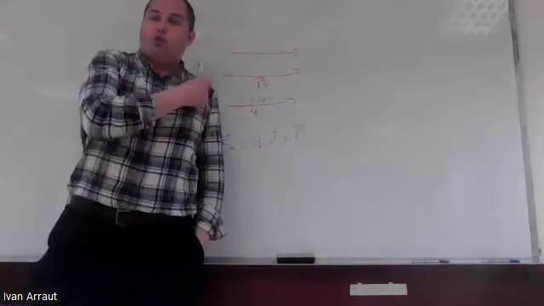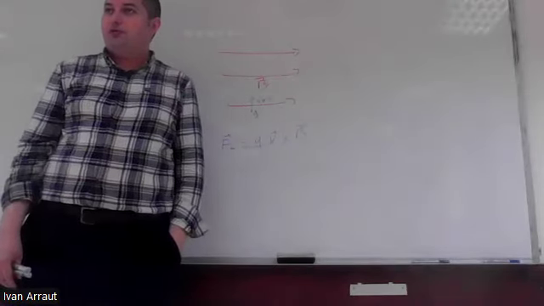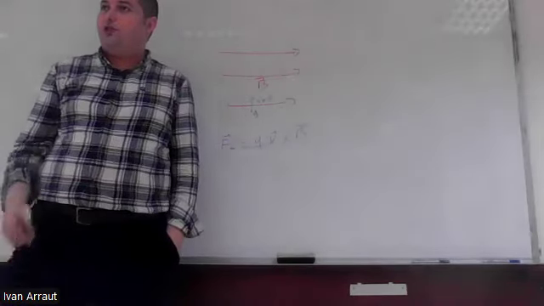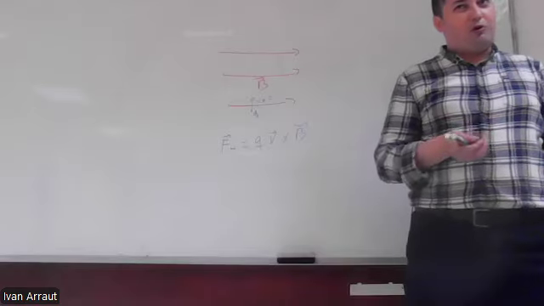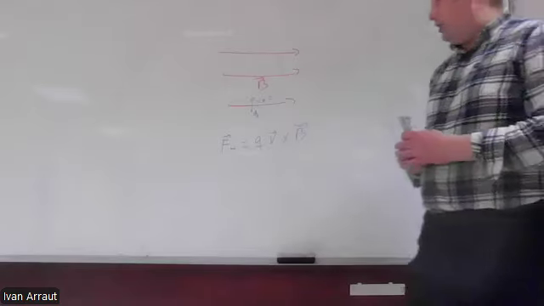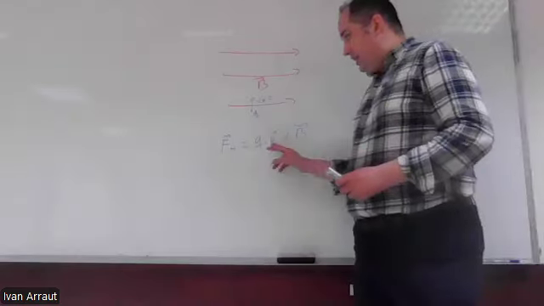I want to calculate the work of this magnetic force. What's the work? I said that a moment ago. No? Magnetic forces are lazy. 0. They don't do work. Why? Because they are perpendicular to the direction of motion. Remember when we studied work, what is work? It's the dot product of the force times the distance.